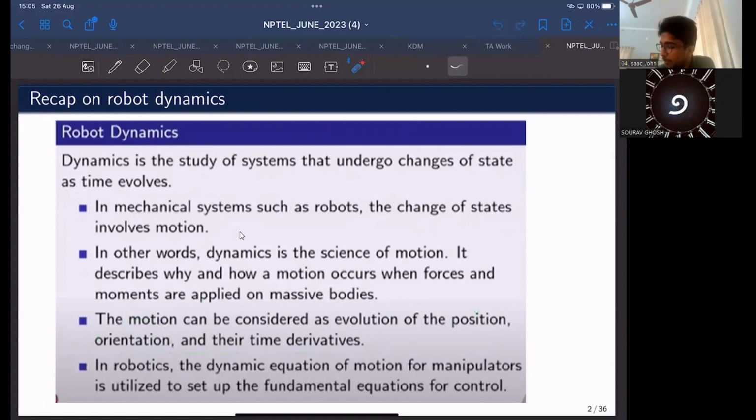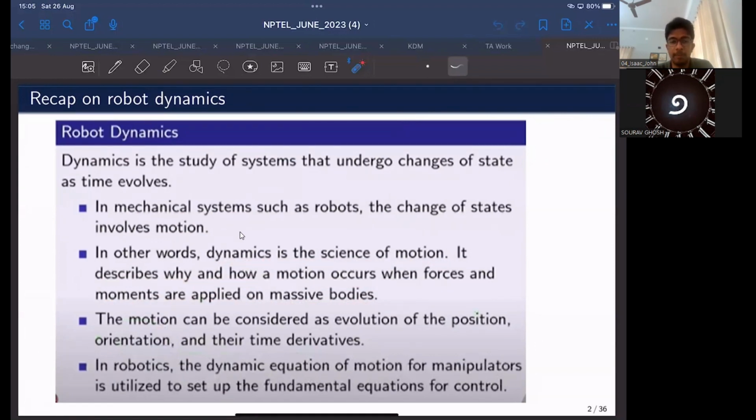So the second point says, in other words, dynamics is a science of motion, right? It describes why and how a motion occurs when forces and moments are applied on massive bodies. This is strictly concerned with dynamics of mechanical systems.